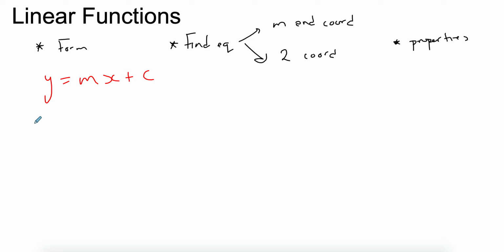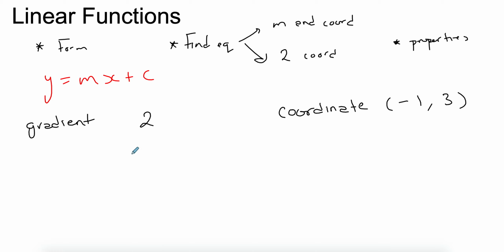So let's say I gave you that the gradient is 2 and the coordinate is negative 1, 3. What this means is that I have a graph which has a gradient of 2, and if I draw this line for this graph, it's going to cross the point negative 1, 3.